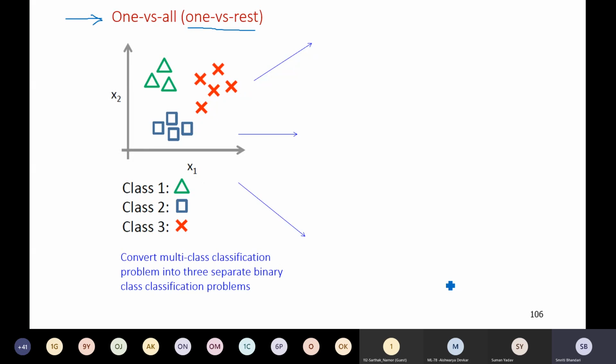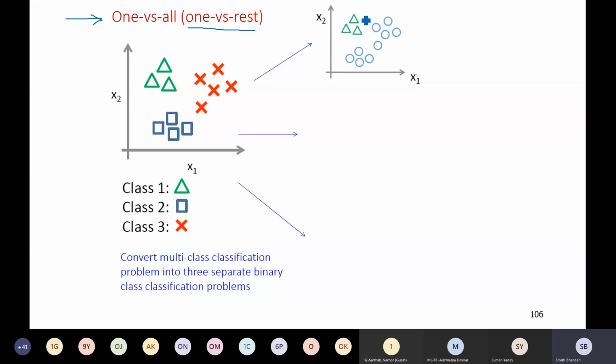As here we are having 3 classes, see, this triangle is our class 1. So in the first problem, we are going to learn this class 1. We are having these class 1 examples and the rest of the examples belong to some other class.